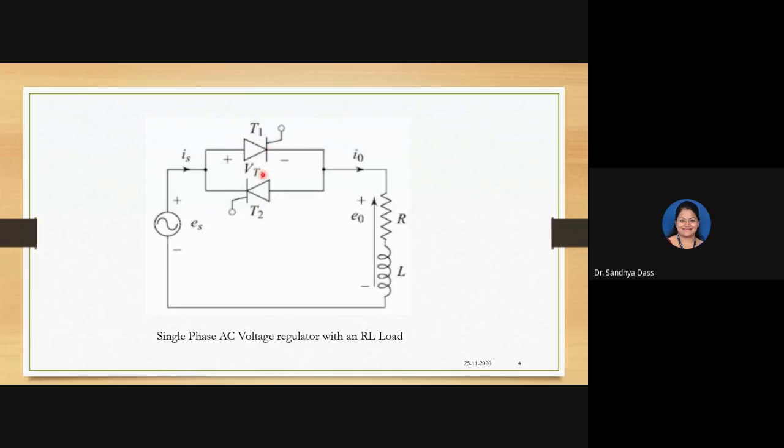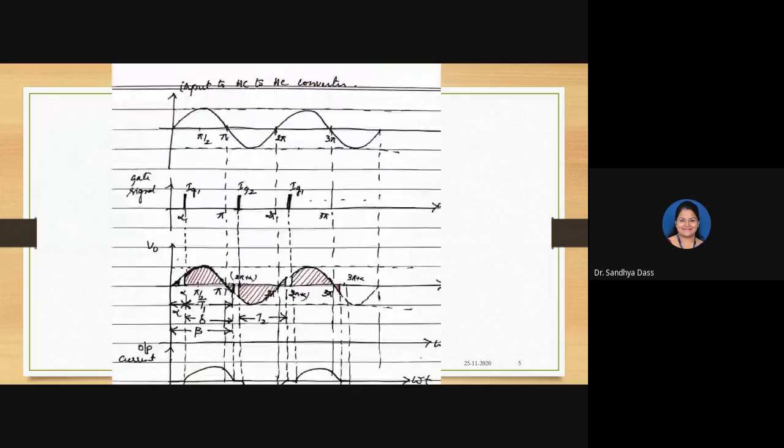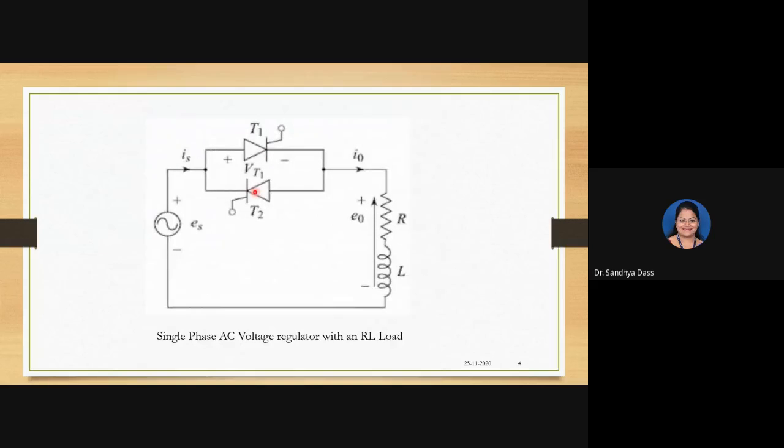And what is the main significance of these power devices? As Sean had asked me in the previous class, why not just connect it? Because we want to control the power, right? We want to control how much power reaches the load, isn't it? So that's the reason we are using the power devices here. And we are already familiar with how to control the power, right?